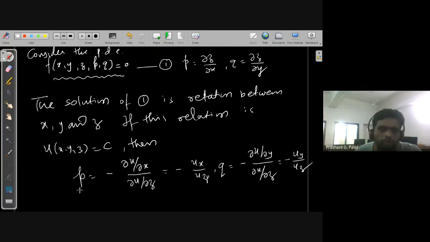Now, if you substitute these values of p and q in equation 1, then equation 1 changes into a function of the variables ux, uy, uz, x, y, z.